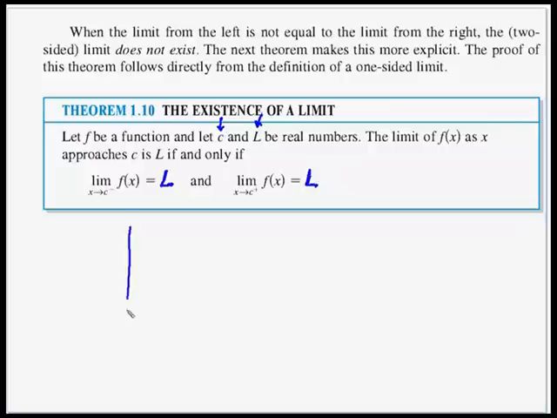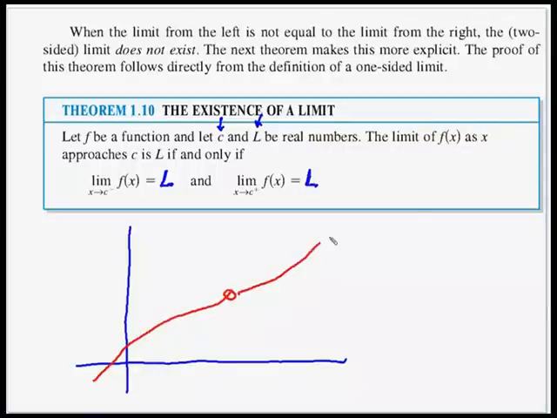Remember, when we did this graphically, or when we first introduced limits, if I had a setup like this, here's my function, got a little hole in it. Here is our c value. So all we're saying here is, as we approach c from the left-hand side, we're sort of moving up the graph, and we're approaching on the y-axis this number L. As we approach c from the right-hand side, the right-hand limit, we're sort of sliding down this part of the graph toward that same hole at that same height.